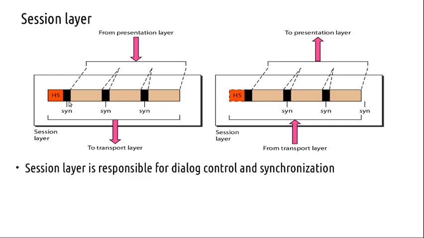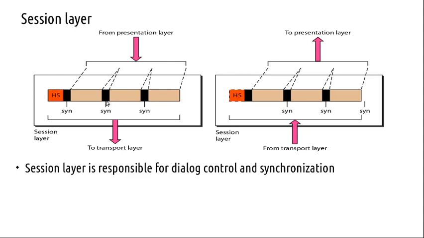So if for some reason there is a disruption in the communication at some point, you know that the transmission is going on, and midway if there is a glitch here, you need not transmit from the beginning. You can retransmit from this portion on, if you have received the synchronization bit correctly.